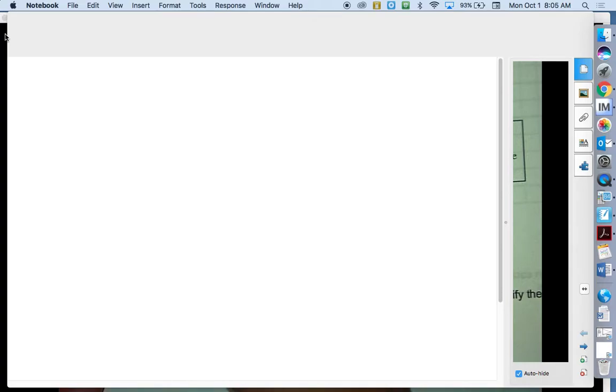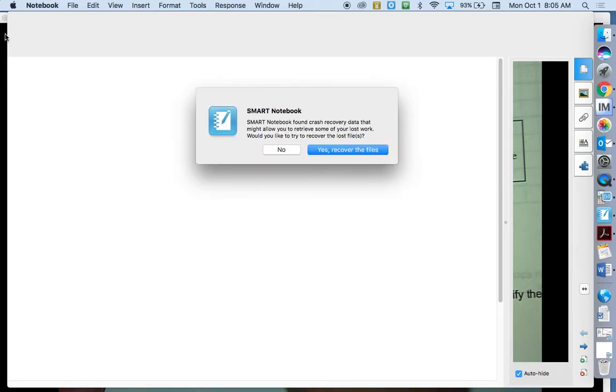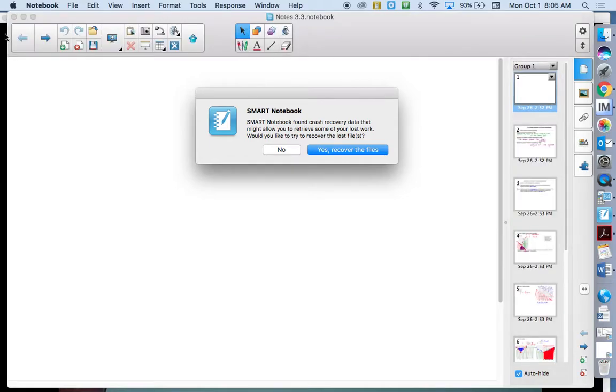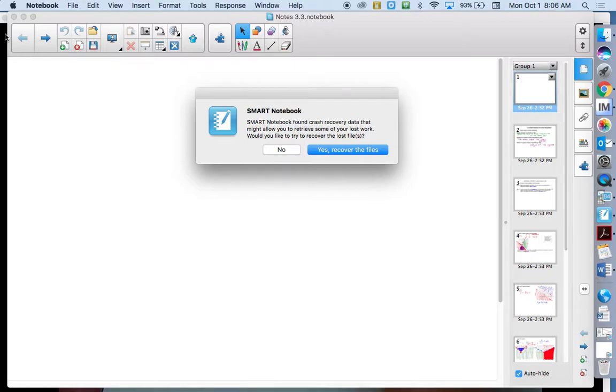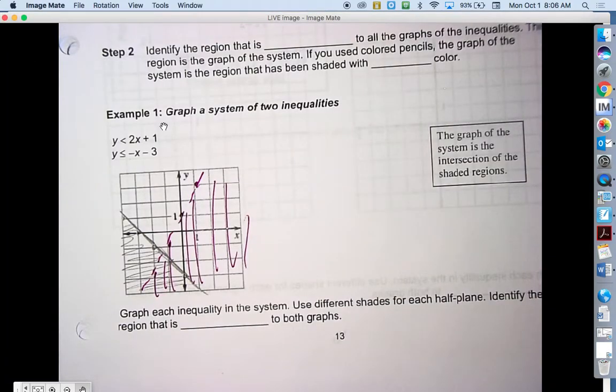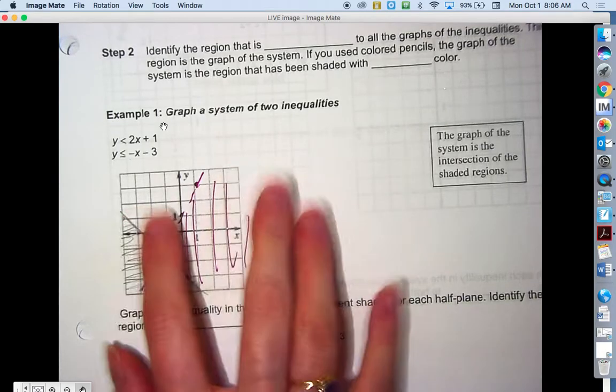So we have this dashed line, we shaded. This one is a solid line, also shading. And then make sure you darken the overlapping region.